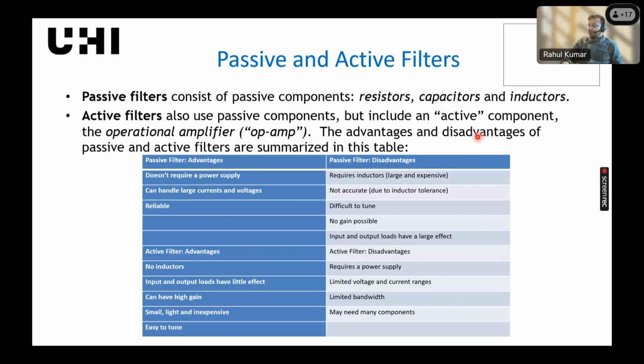Whereas active filters consist of components like operational amplifiers, or in short, op-amps. These op-amps sometimes amplify the signal also, so they add energy to the system.